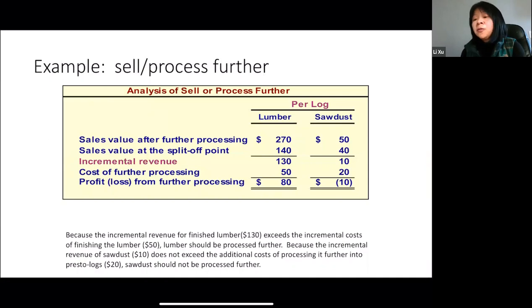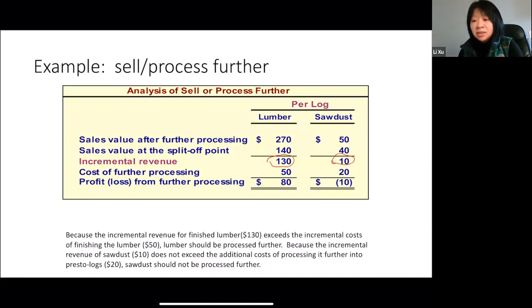So if you go one more stage further, you will make an additional $130 for the lumber, $10 for the sawdust, okay? Basically said, if you stop now, you make 140 for lumber. If you move to the next stage, you make 270. So you can make $130 more if you move from the current stage to the next stage.